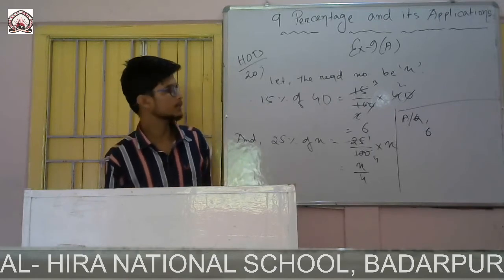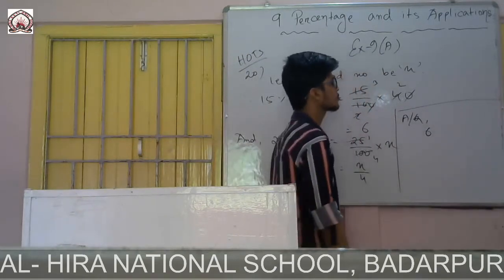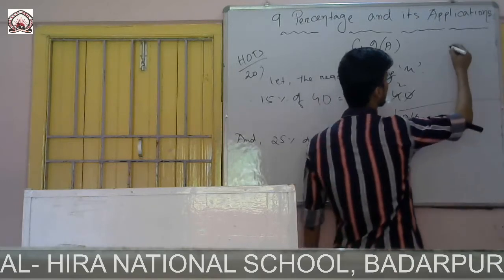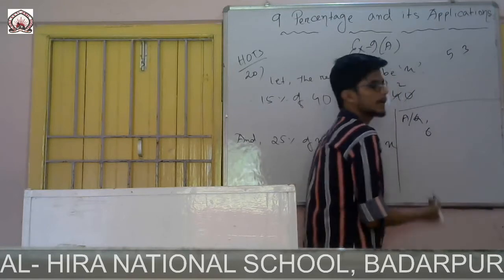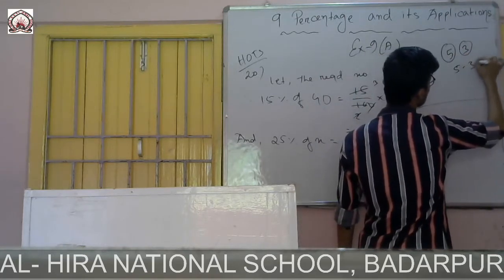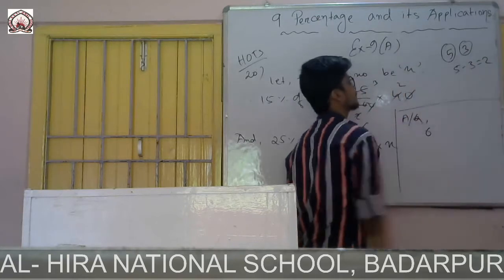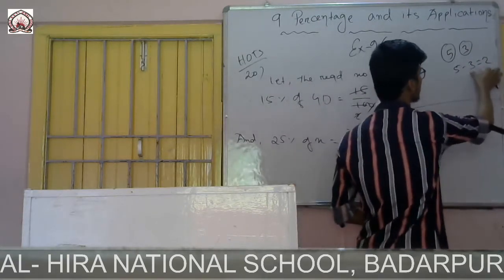That means the difference between the two numbers is 2. If I say 5 is greater than 3 by 2, that means 5 minus 3 equals 2.